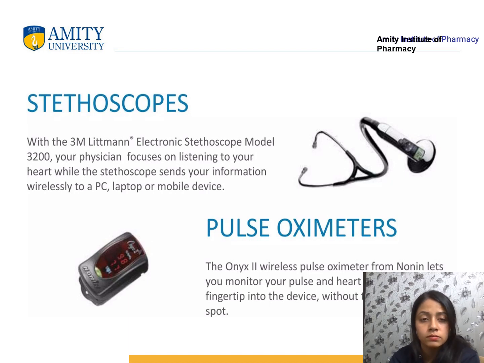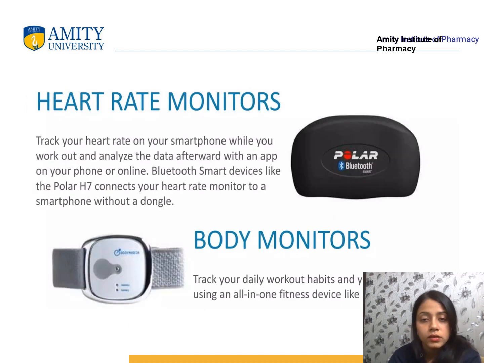This is the stethoscope which sends information wirelessly to a PC. Same, the pulse oximetry can work with the help of Bluetooth. These are other examples: heart rate monitors, body monitors. Same, these are wireless and send signals to your smartphones.